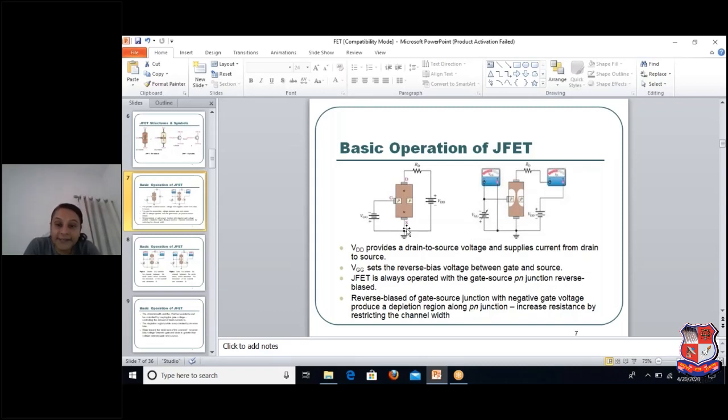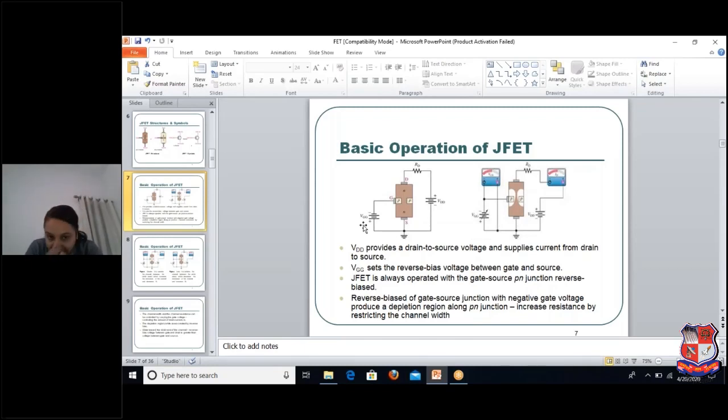Okay, so you can see in the figure that the drain terminal and the source terminal are connected with a battery. Same thing here, across the gate and the source one battery is also connected, which is known as the VGG.